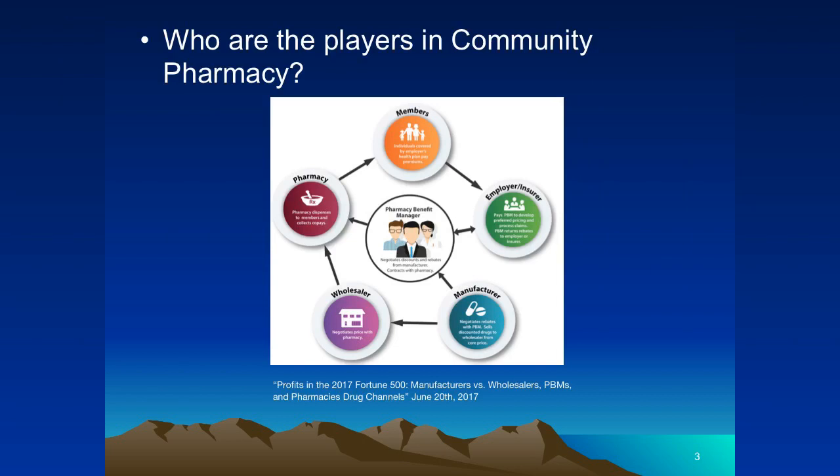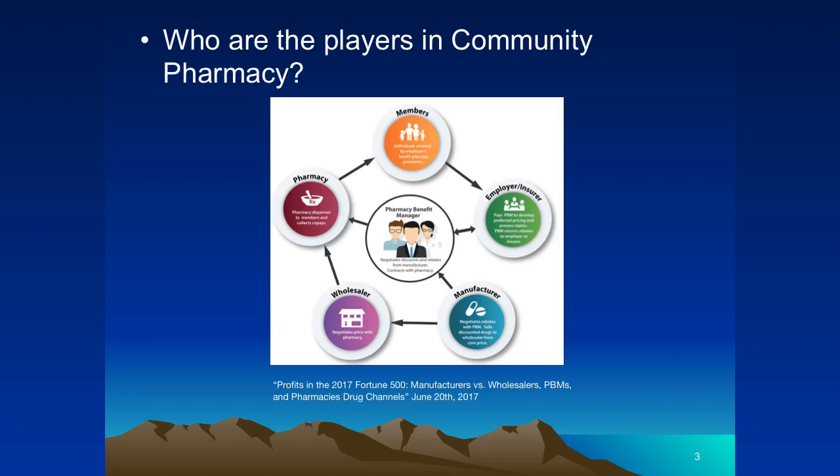My prior lecture talked about who the players are, and one of the biggest challenges we have in community pharmacy today is the way that it's run. And the way that it's run is there's a lot of players, a lot of players in regards to how the patient gets the prescription.